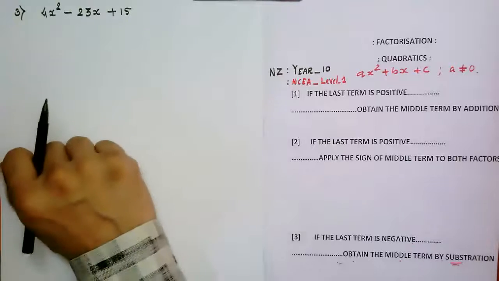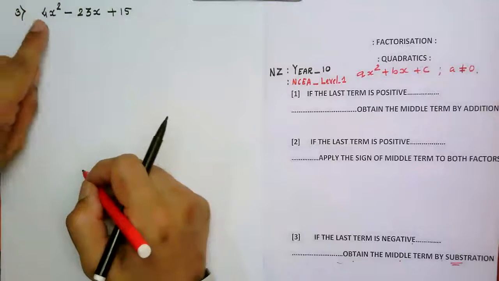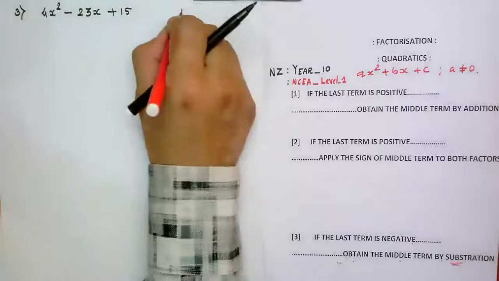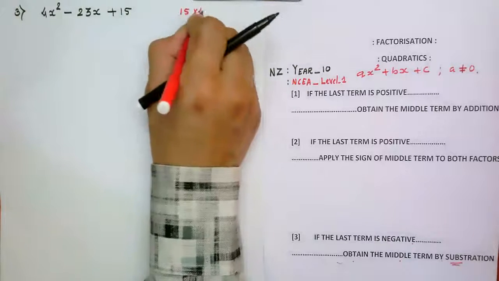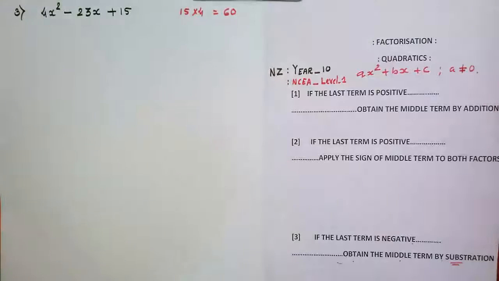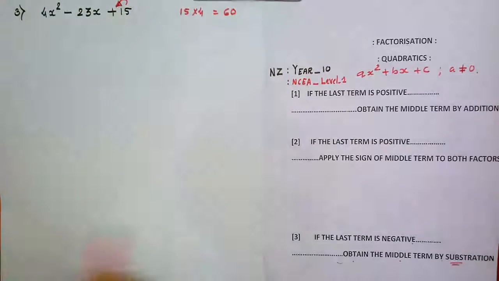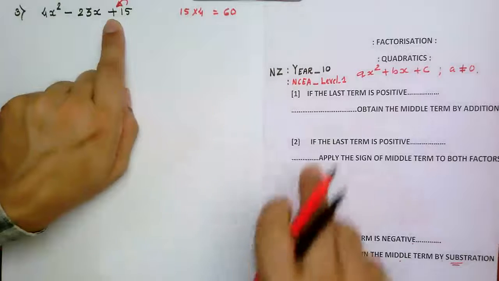Let us see this third example. First of all, I should obtain the product of 4 and 15. So 15 times 4 is 60. Okay. Now, see the sign of last term. Last term is positive.